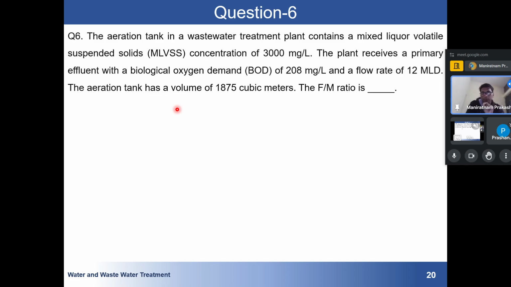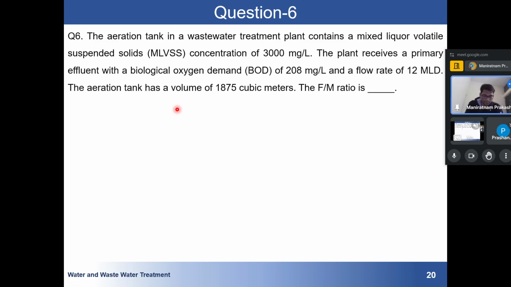I don't have time to derive the formula, but for whatever formula I use here, I request you to see the lecture notes or refer to a book where the formula has been derived, because wherever you are studying or preparing for an exam, they generally won't ask questions directly based on a formula. They will be checking whether you are able to use the concepts or not.